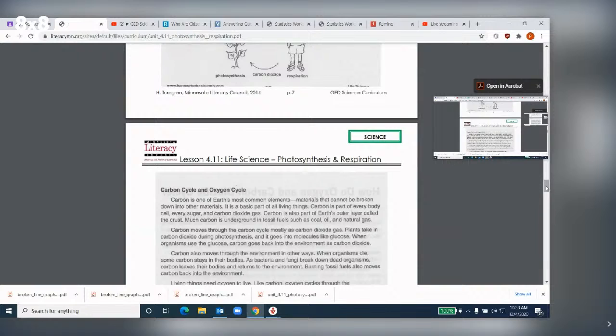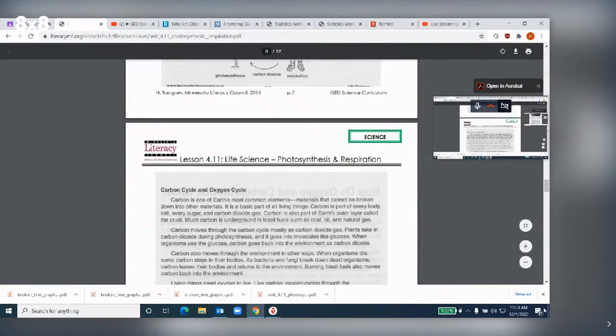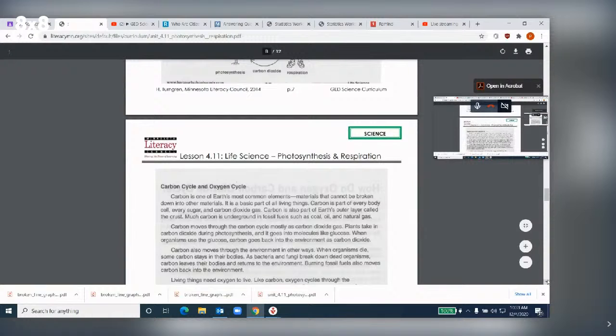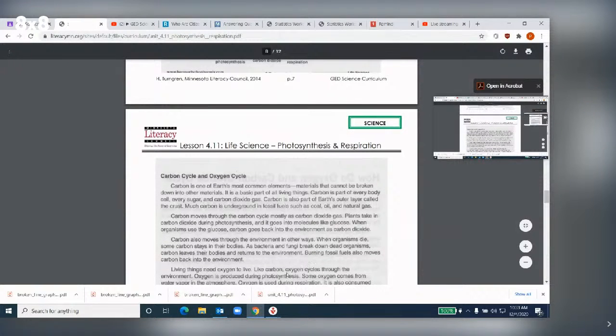Carbon also enters the environment in other ways. When organisms die, some carbon stays in their bodies. As bacteria and fungi break down dead organisms, carbon leaves their bodies and returns to the environment. Burning fossil fuel also moves carbon back into the environment. It says living things need oxygen to live.